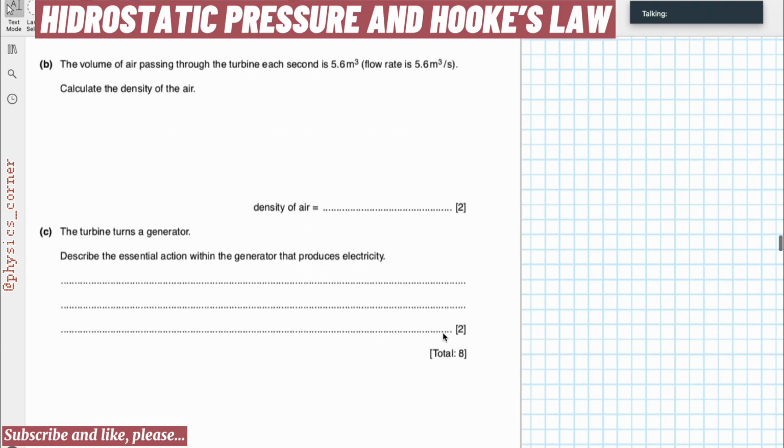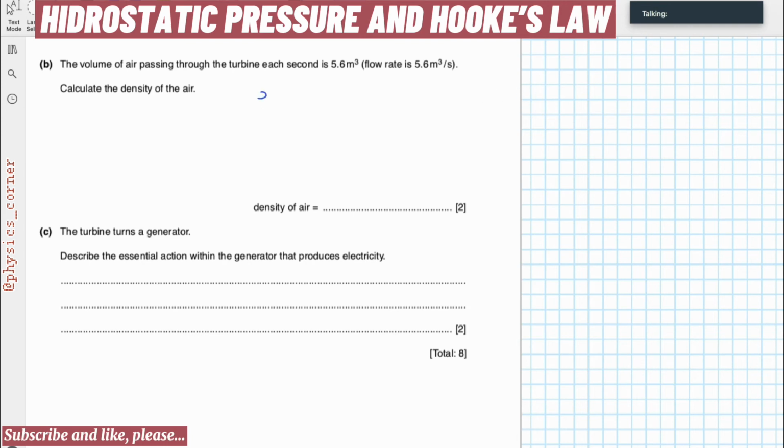Okay, this is about density. The volume of air passing through the turbine each second is 5.6 meter cubic. Flow rate is 5.6 meter cubic per second. Calculate the density of the air. Again, the density is mass over volume.